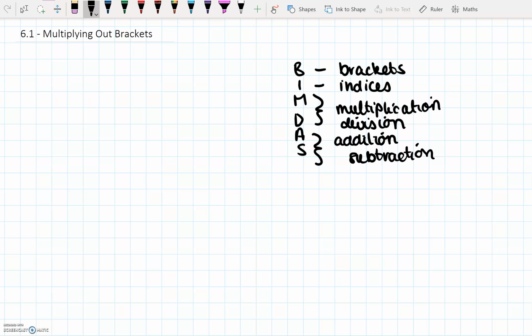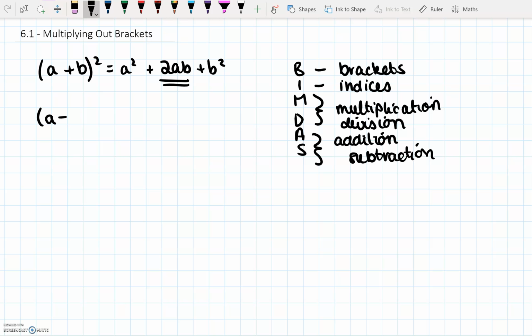The other thing you really need to keep in mind when you are multiplying out brackets are our perfect squares, difference of two squares, etc. Okay, so keep in mind firstly that (A plus B) squared is equal to A squared plus 2AB plus B squared. A lot of people seem to forget this middle one. Don't forget it.